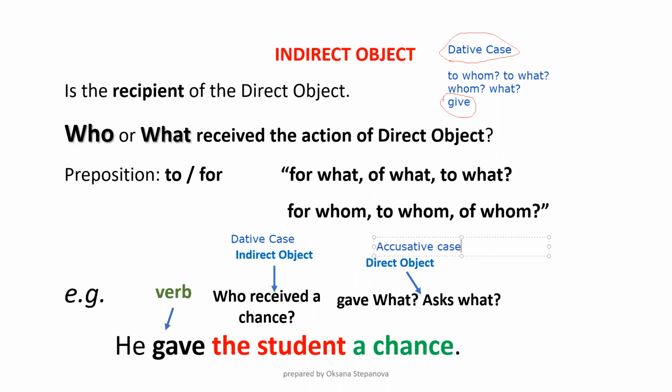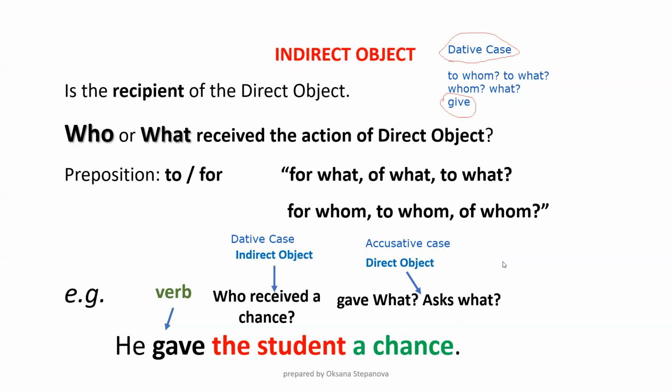If you learn grammar in cases, or if it is more understandable for you, you just look at the indirect object as dative case and direct objects as accusative case. And you got, he gave to whom, to what, or whom and what.